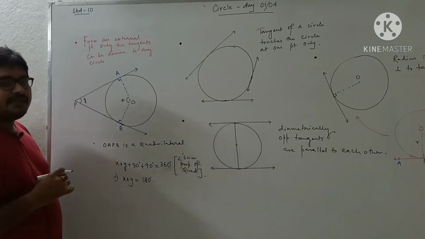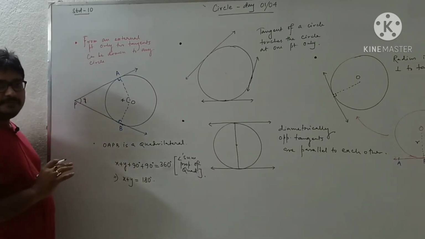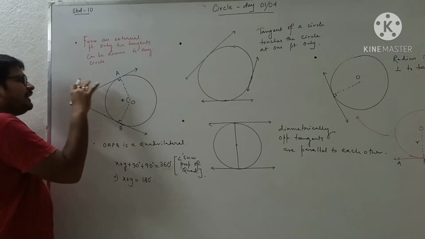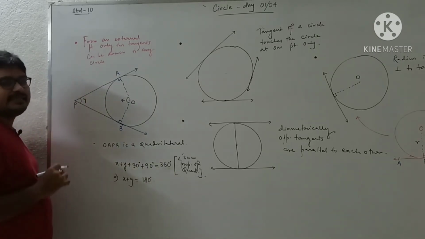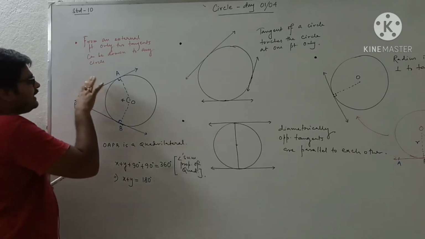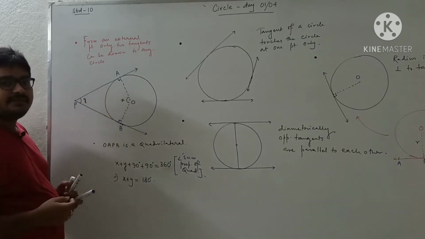What is that property? Whenever you draw two tangents to a circle, the angle formed between those two tangents and the angle subtended by them at the center are supplementary.